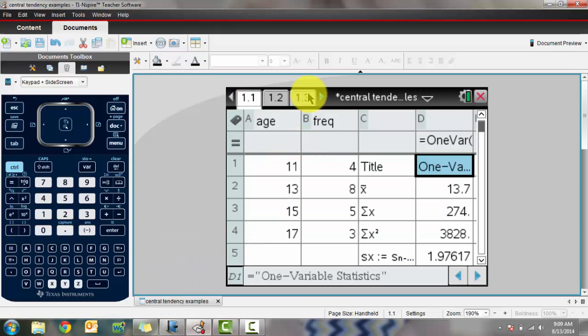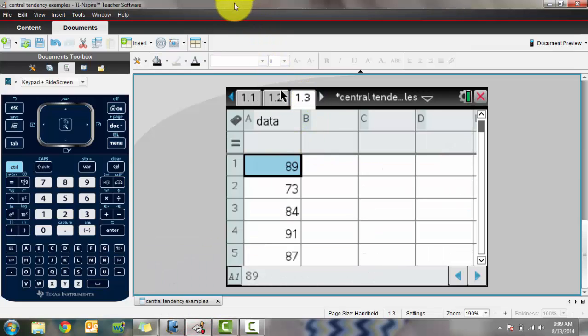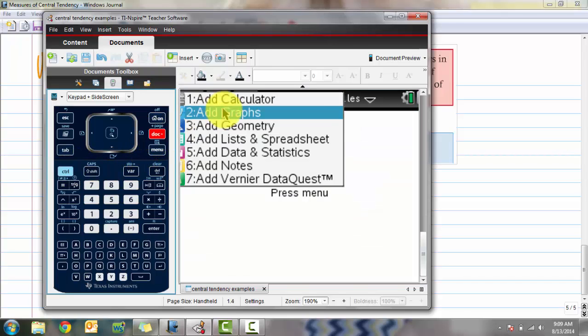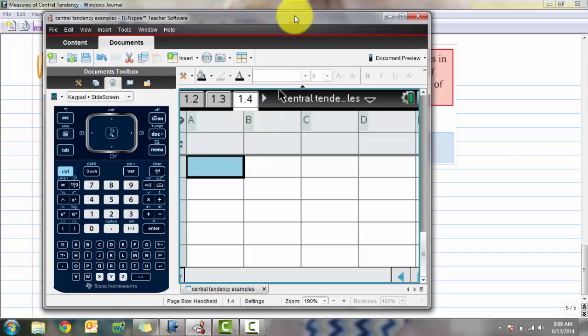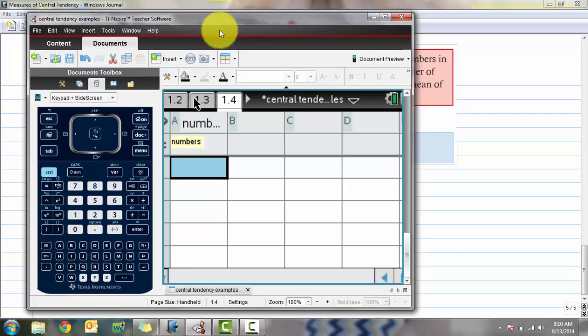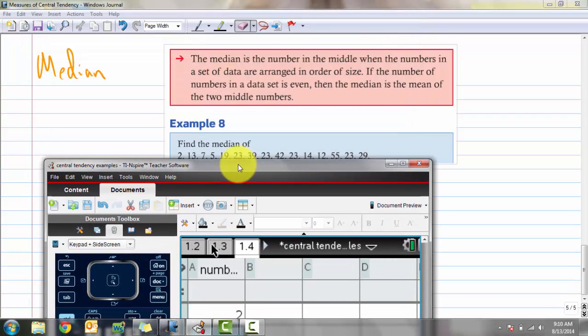Let's go ahead and open another list, and we're going to type these data values in. So we go plus page, list and spreadsheet, and we'll call this list numbers. 13, 7, 5, 19, 23, 39, 23, 14, 12, 55, 23, 29.